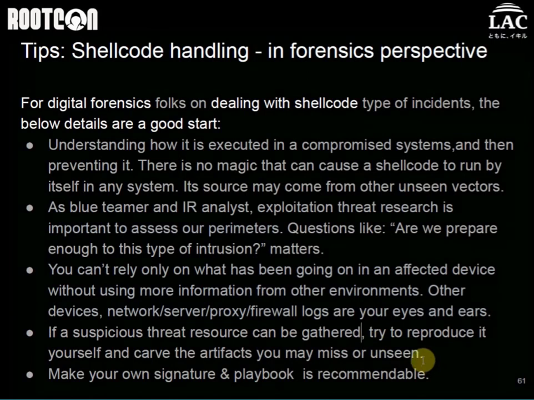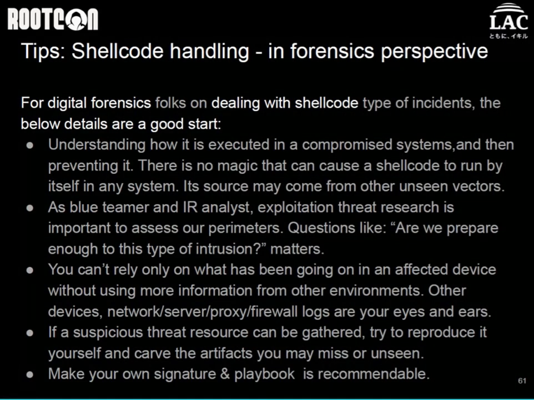That is often a question you have to ask yourself. While you are analyzing new shellcodes, you can rely on other environments' logging, like network servers, proxies, firewalls, and so on. If a suspicious threat resource can be gathered through the artifacts or carving that you seek, then you can find it in OSINT, where there is a source of the threat that you can get.